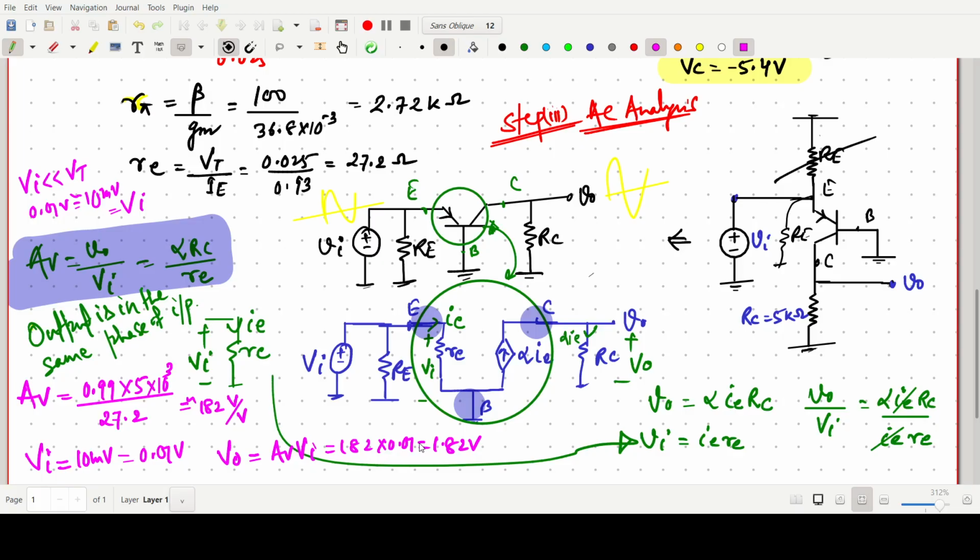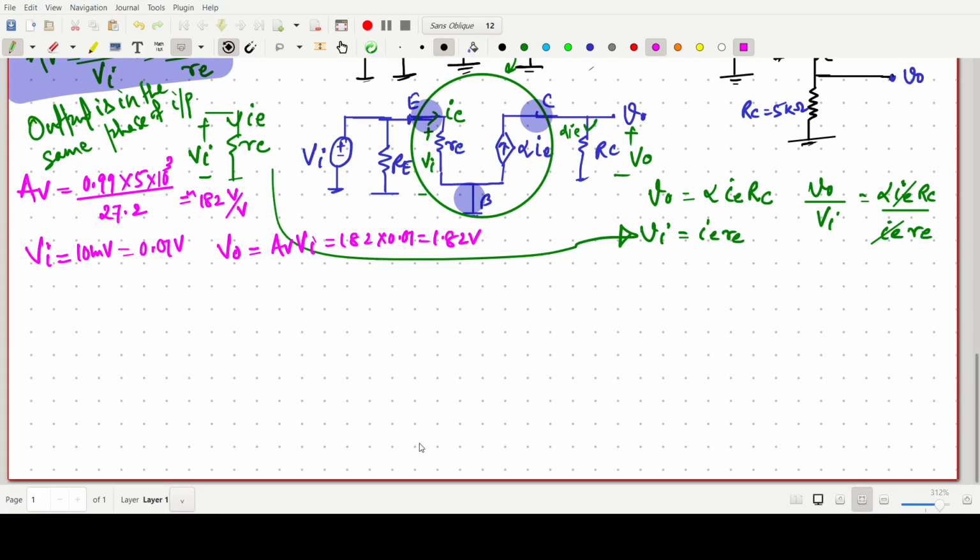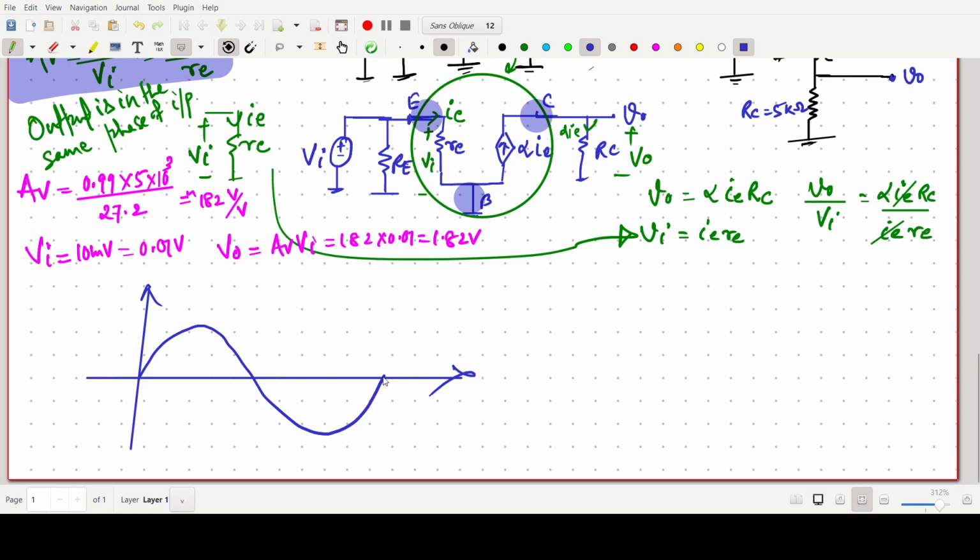The input voltage has an amplitude of 20 millivolt peak to peak, so I am just going to draw the input waveform. This one is 10 millivolt, and this one is minus 10 millivolt.